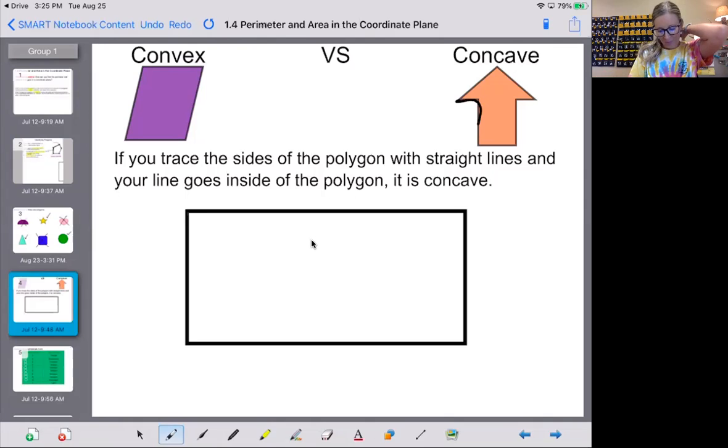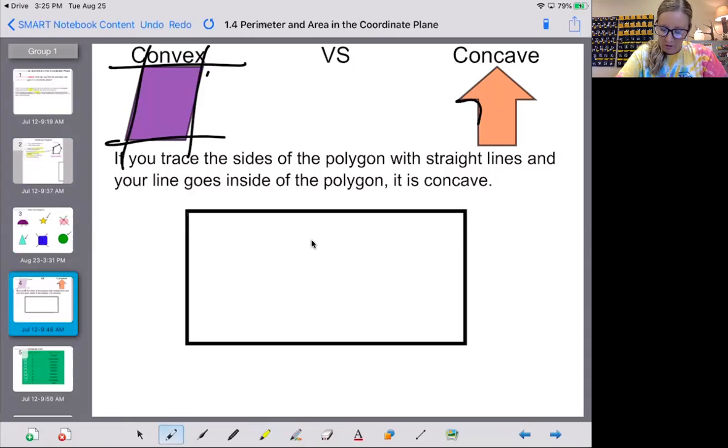Another tip, if you have trouble remembering which one is which, if you're going to trace out all the sides of the polygons with a straight line, then the line cannot go through the figure, or else it's concave. So for example, on this first one, the purple figure there, if I trace out all the sides, let me use a pen instead. If I trace out all the sides, notice that none of the sides would go inside to the purple area.